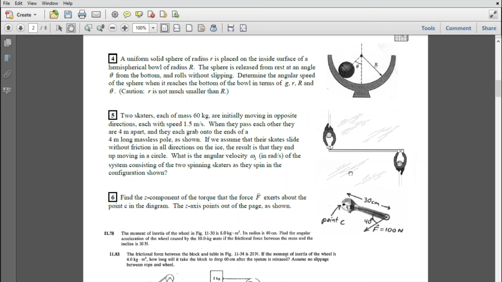If we want the angular velocity, we can use the relationship between linear and angular velocity, v equals r omega. We know v is 1.5 meters per second. We set that equal to r. It's a 4-meter long pole, so r relative to the rotation axis, which would be at the center afterwards, is 2 meters for each of these. So 1.5 equals 2 times omega; solve for omega. So it's actually a pretty simple problem there.